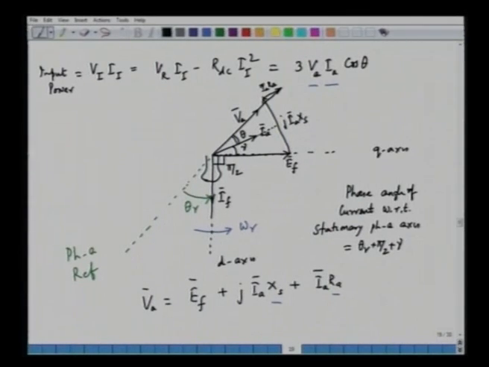So, this is the phasor diagram that we have, and from it we have to find VA cos theta. Now, we can write down the expression for VA cos theta. This is the axis of IA.